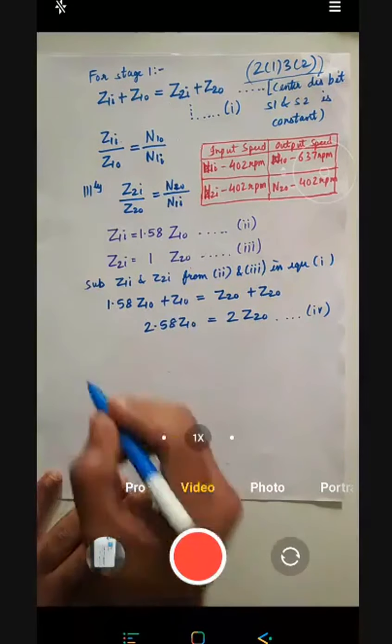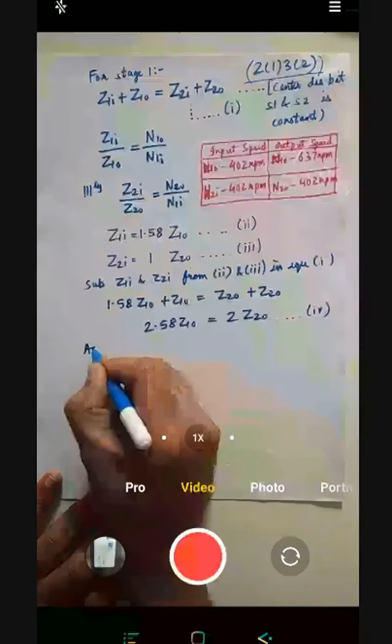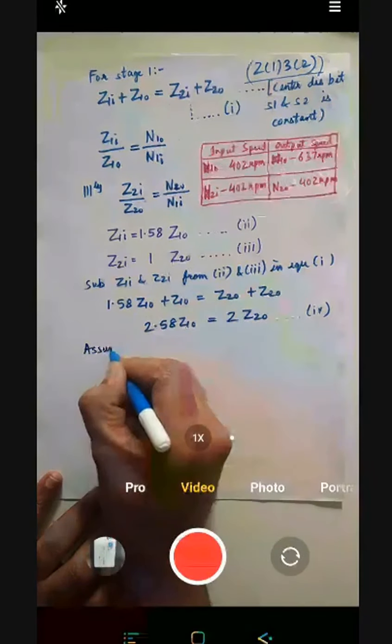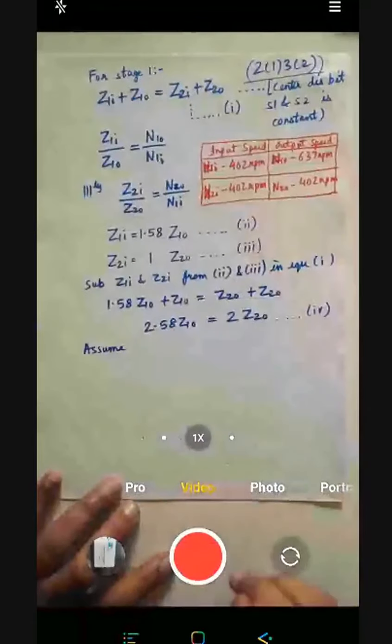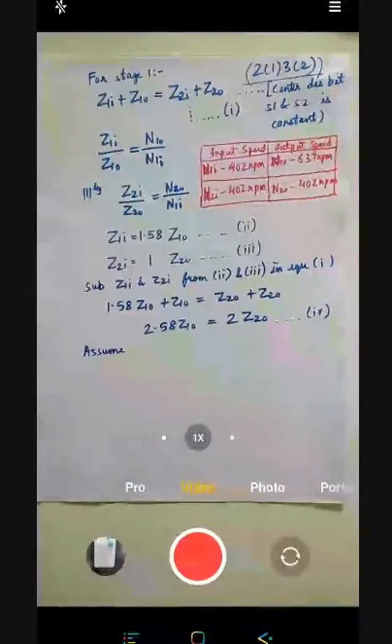Okay, fine. We will assume a minimum number of teeth on any one pair of gear.